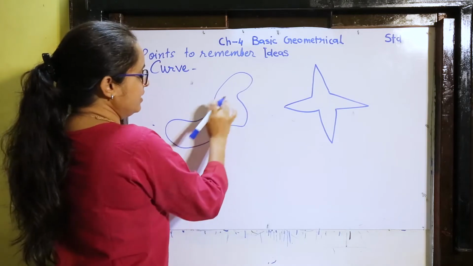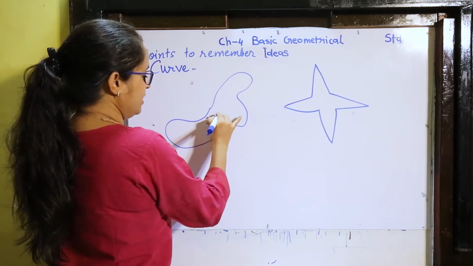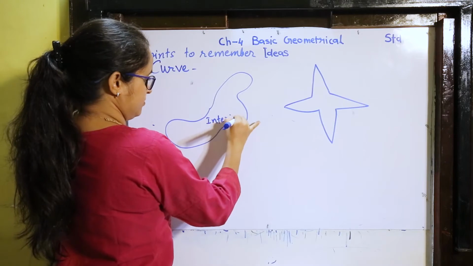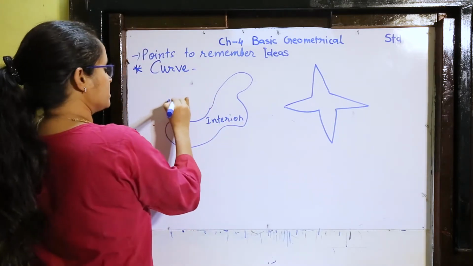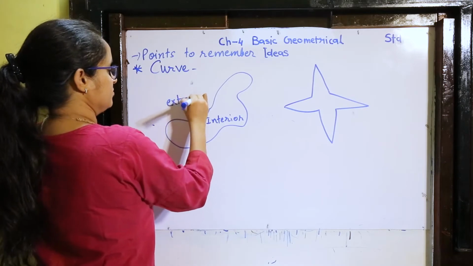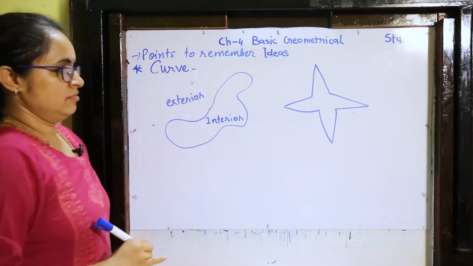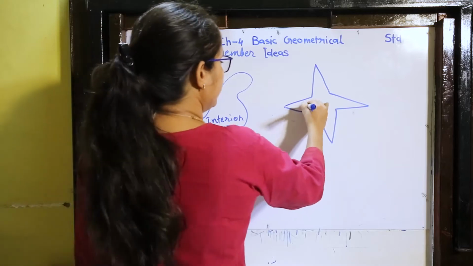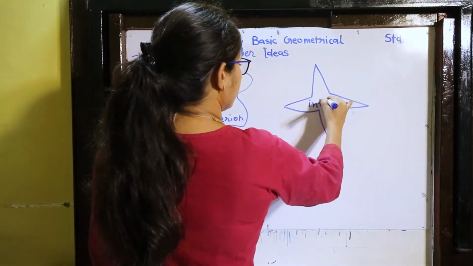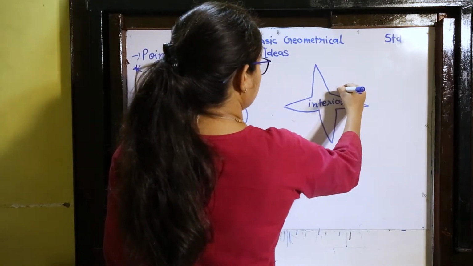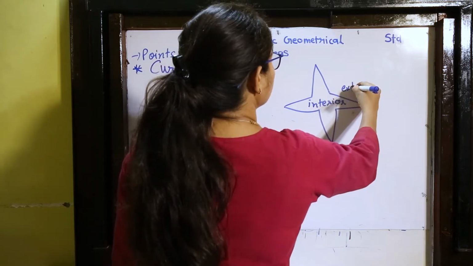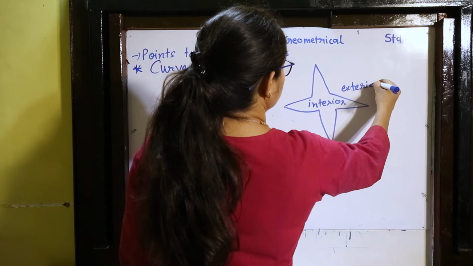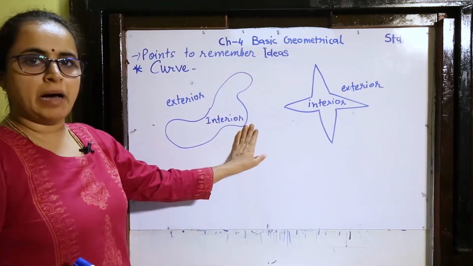Now the internal part is called interior of the curve and the external part is called exterior of the curve. Okay. Here also interior and exterior. You have to draw it. But please see, you don't need to lift the pen.